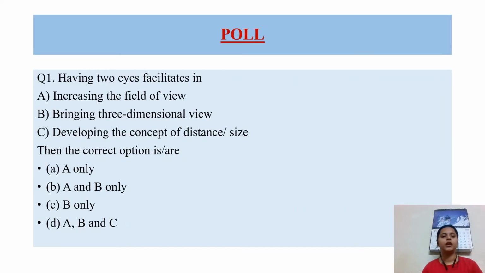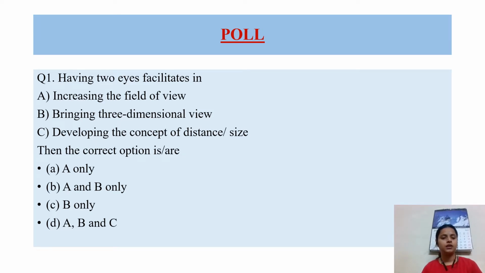Now let's see. Here I have a question for you. Having two eyes facilitates increasing the field of view, bringing three-dimensional view, and option 3 is developing the concept of distance and size. Then the correct option is or are. So you have to tick the correct option.